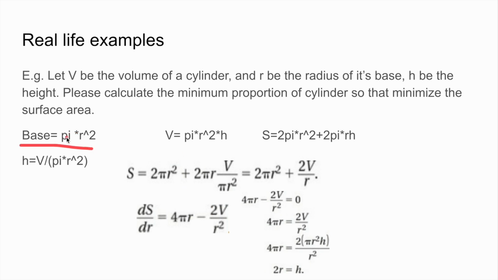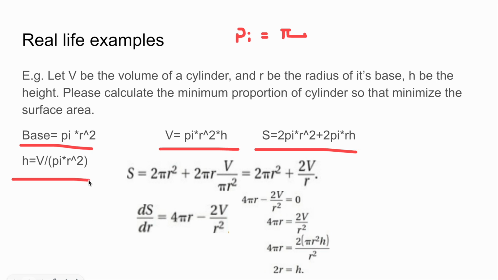So we know the base equals 2. The p here means pi, because the computer cannot type pi by itself. V equals pi times r squared times h. We can also find the equation for the surface area.